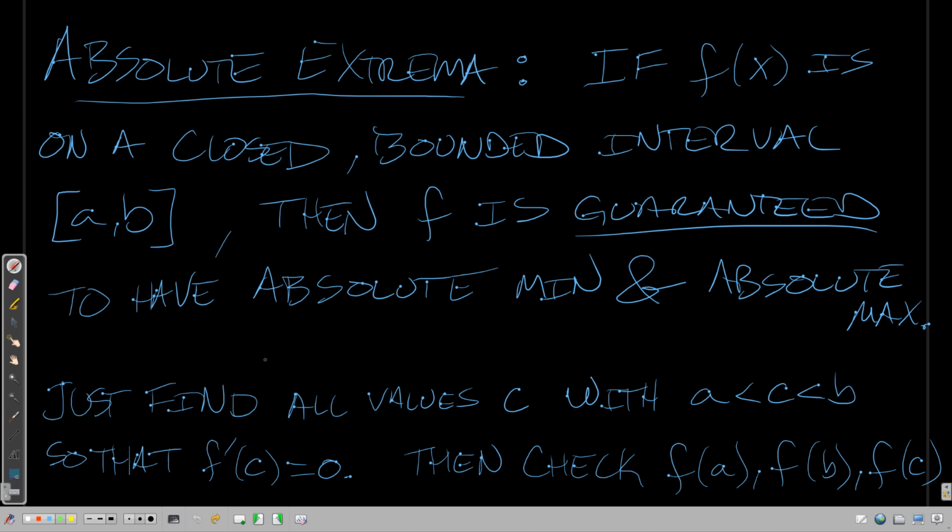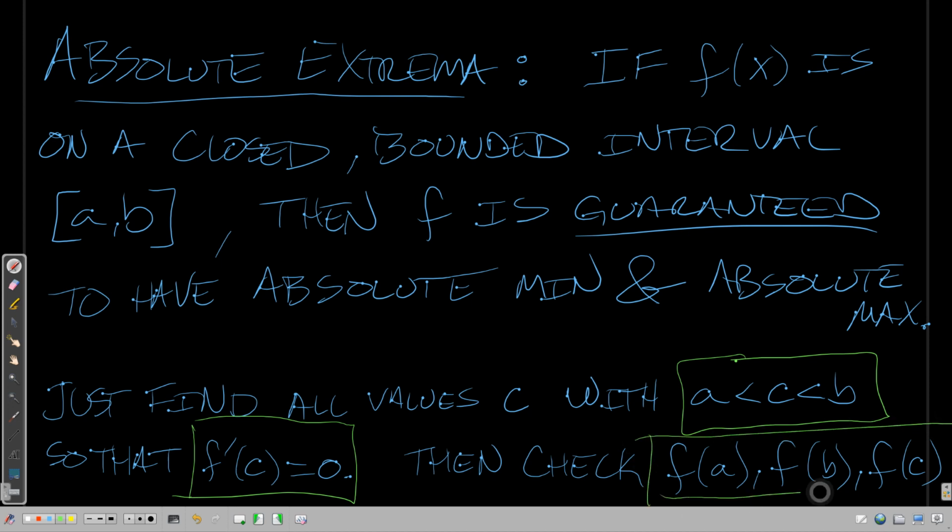All you need to know about are the places where the tangent line goes horizontal, and you only really care about the places where that happens on your interval. Then you just compare the numbers. The biggest one is the absolute maximum, and the smallest one is your absolute minimum.